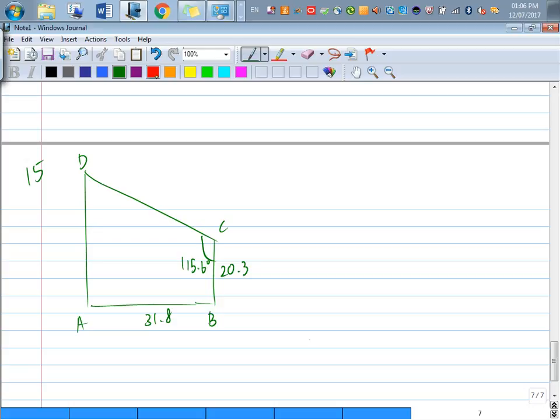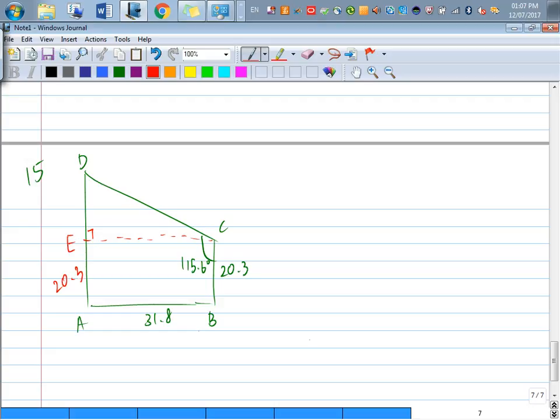We already know one side, BC. We know AB. So obviously we need the lengths of the other 2 sides. So in my diagram, I'm going to introduce a new point. Over here, let us call this point E. And I have just created a right angle triangle. So what is the distance from E to A? 20.3 as well.